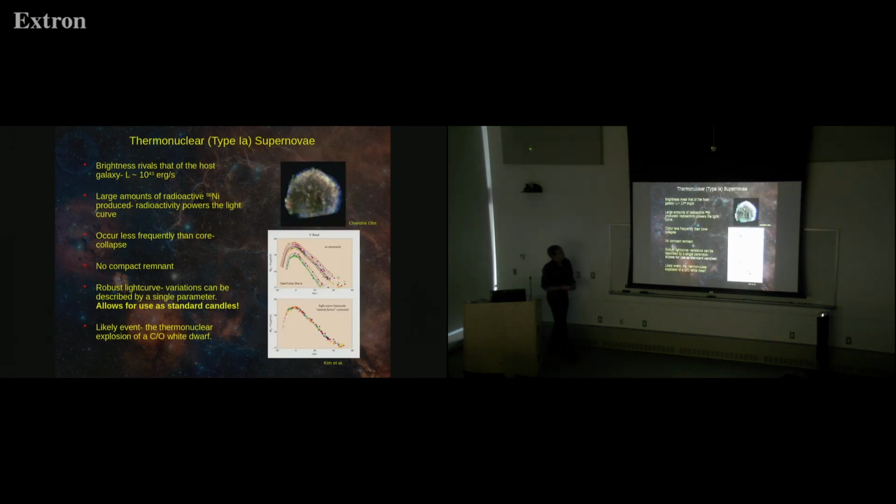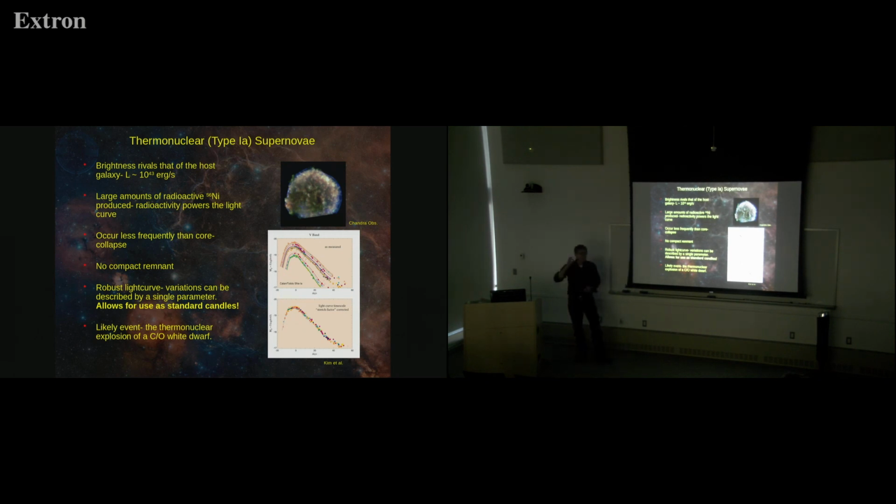So the thermonuclear cases are bright. The brightness rivals that of a host galaxy, and that's something like 10 to the 43 ergs per second. And yes, we use these ancient energy units because they don't change. And the stars have been pondered for quite some time. The key is that they produce radioactive nickel-56, and it's the radioactive decay of that.